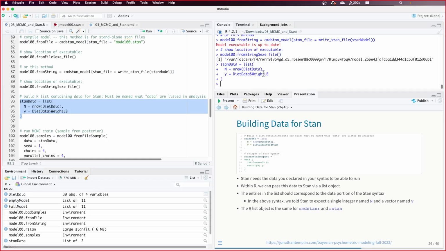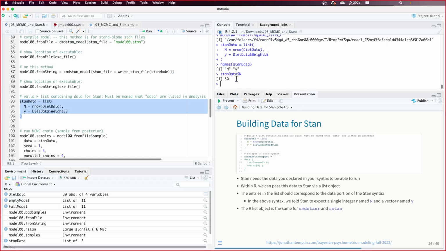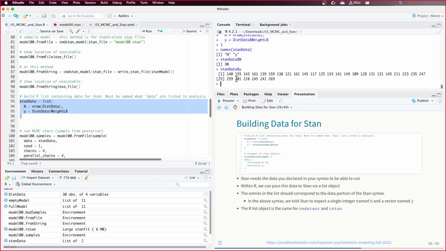Right? So here, stan data, if I type names, it will tell you there are two parts. There's an N and there's a Y. So if I type stan data and use a $ in R, N will be 30 and Y will be a vector.